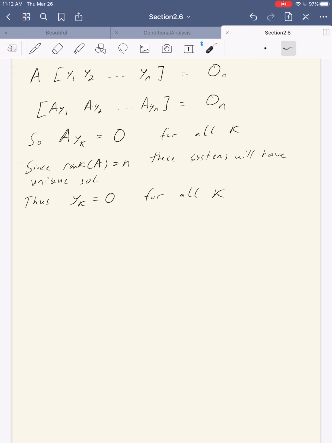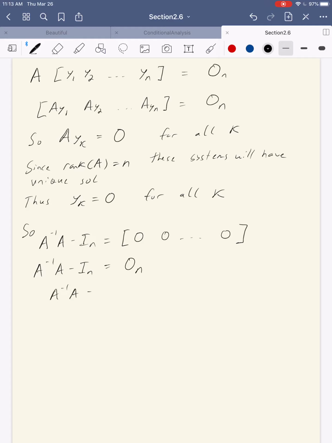So what we've just shown is that A inverse A minus I sub n is equal to this, which is a fancy way of saying A inverse A minus I_N is just the 0 matrix. Okay, we're one step away. We're just going to bring this I_N over, and we get that A inverse A is equal to the identity matrix.